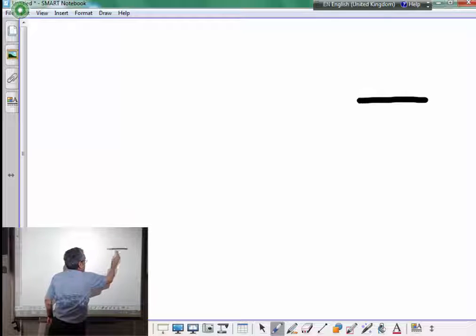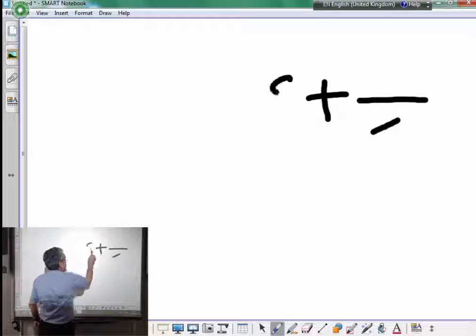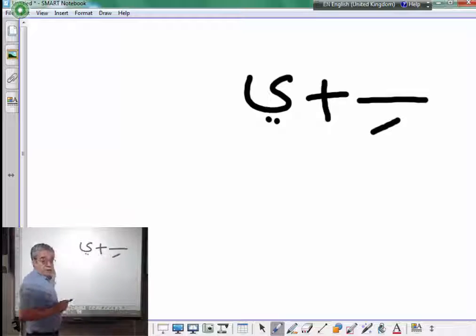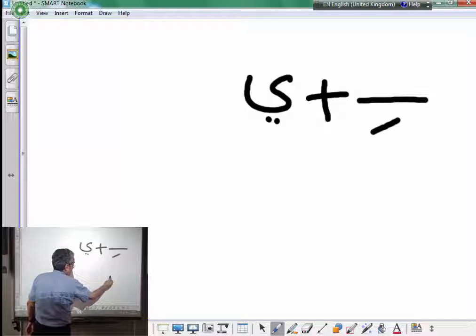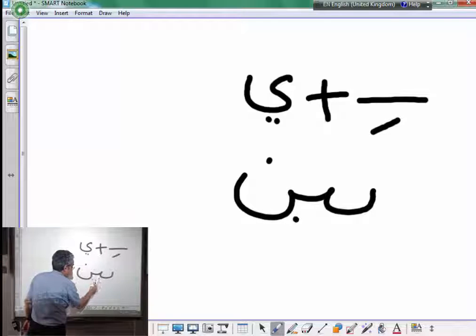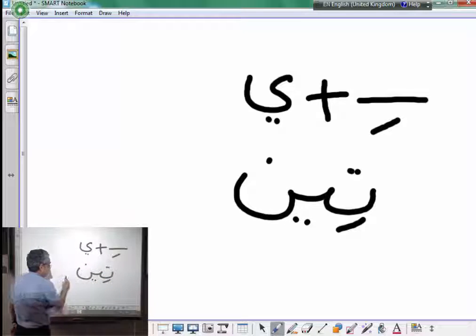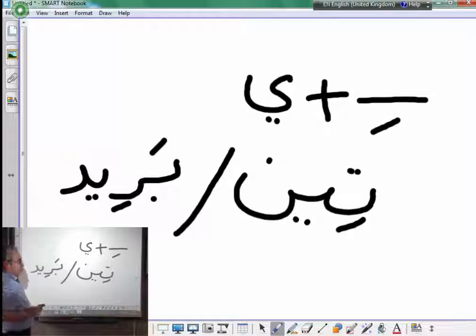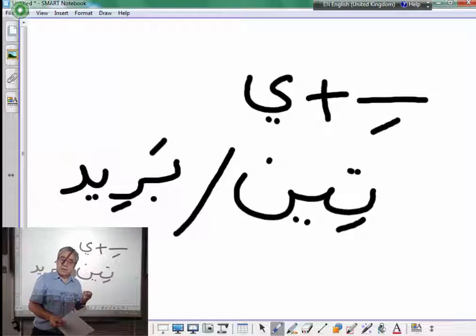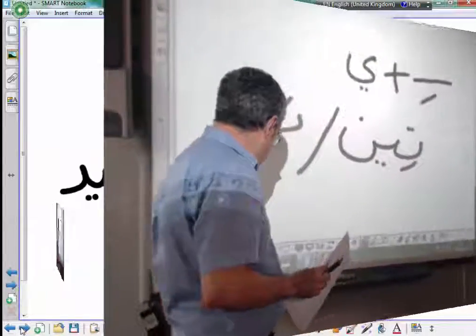If I take kasra and ya, that will give us the long vowel e. You can write it here as an example. You can say he, or you can take it barid. So these are the short vowels and the long vowels.